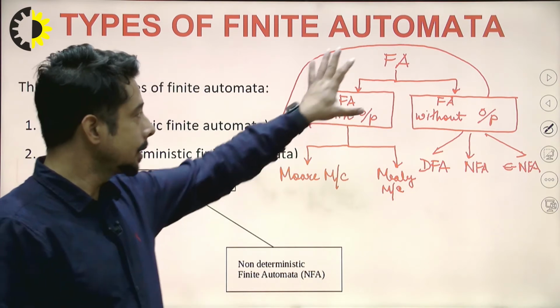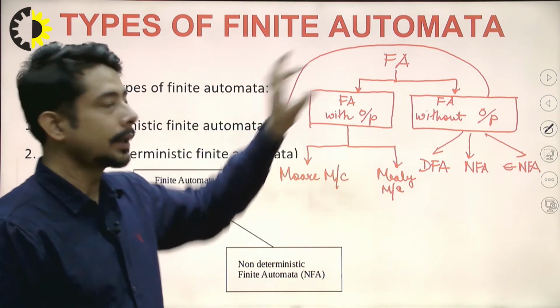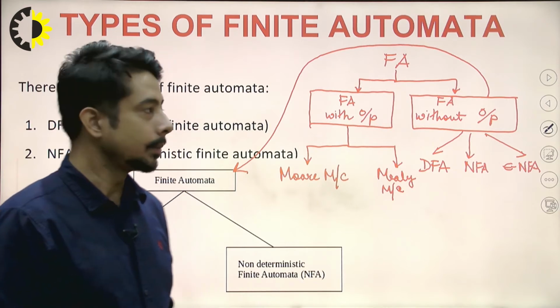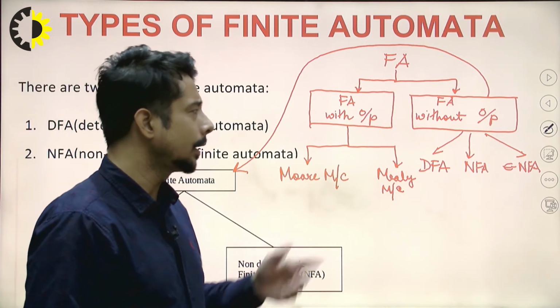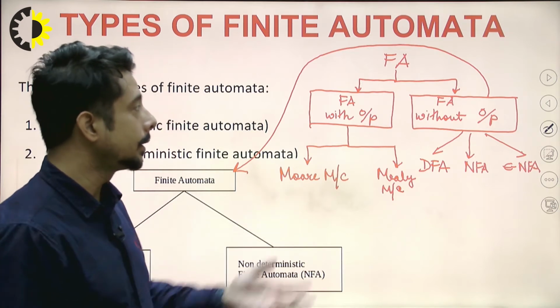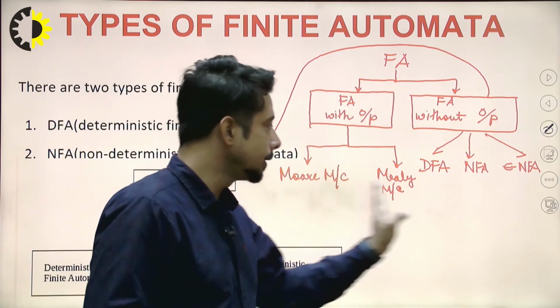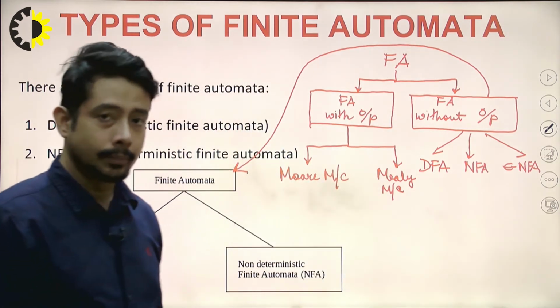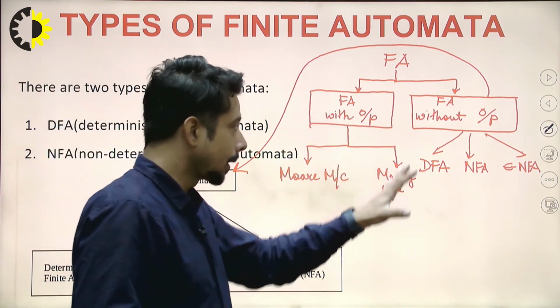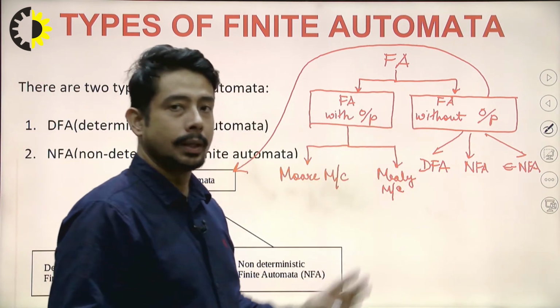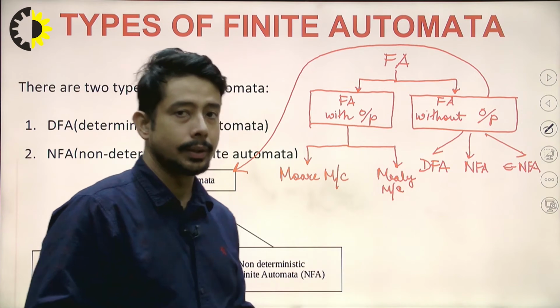Okay. So this is the general hierarchy of the finite automata. Okay. Because maximum of us generally make some kind of mistakes, we generally define that finite automata is divided into all these 5 cases. In some books it is mentioned, but actually we should know this proper hierarchy, that with output, without output. Then it is further segregated into these types.